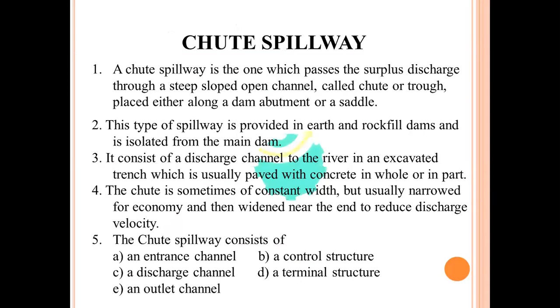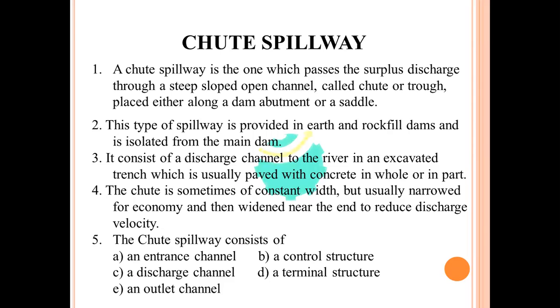Next important one is the chute spillway. A chute spillway is one which passes the surplus discharge through a steep sloped open channel called a chute or trough, placed either along a dam abutment or a saddle.